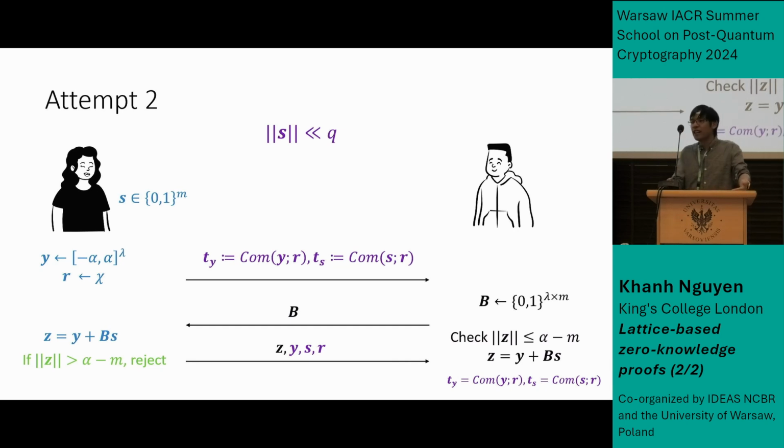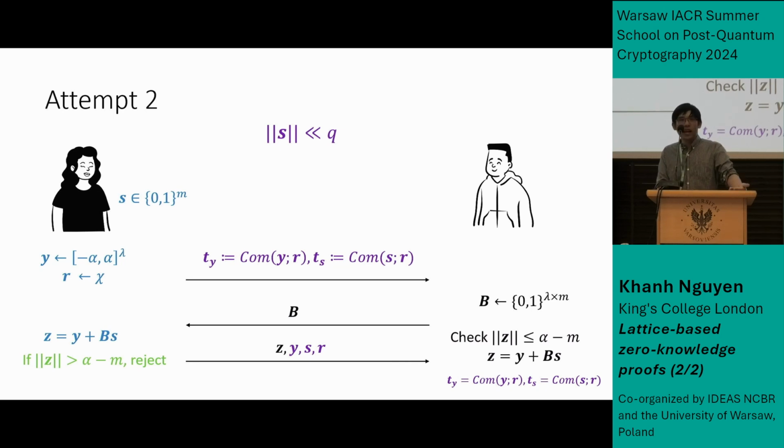So instead of sending y and s, for simplicity, but I will explain later, I will use the same randomness R for all commitments. So I commit to y using randomness R, and I commit to s using randomness R. To make it hiding, my randomness will be long enough to cover that.